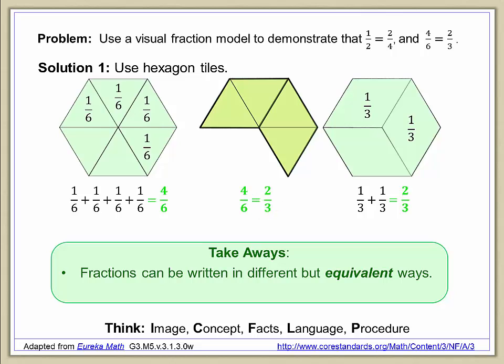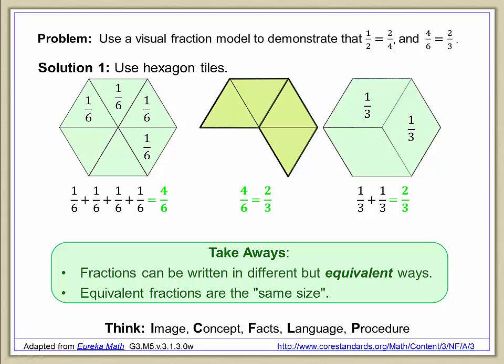And by the same, what I mean is these are the same size, the same amount of the whole. Now it's important to keep in mind that this only works when the wholes are equivalent. And you notice I started with the same size whole over here as I did over here. And that's a crucial feature of this idea of equivalent fractions.